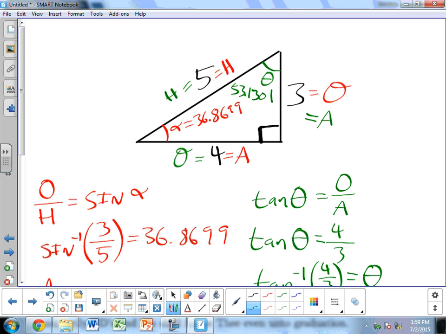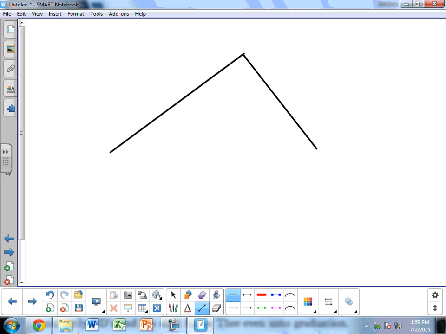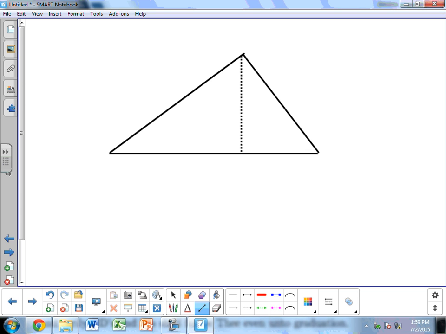So let's do another triangle, just real quick, to show you how you can figure these things out. So let's say that this is not a right triangle. Well, what I can do is, once I get everything situated, I can drop an altitude from the top angle, and since I created this altitude, I can make it a right angle.